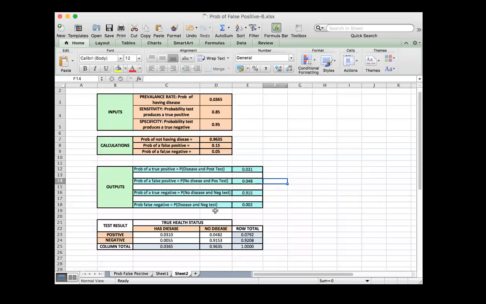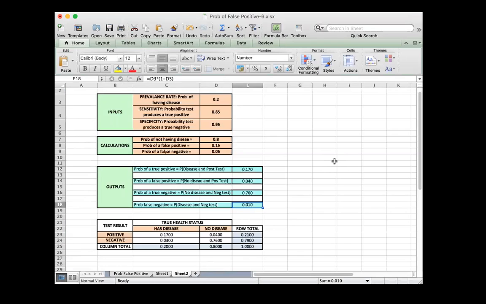So when you plug the numbers in, like the first line example on the Microsoft Word, the prevalence is 0.2. And the sensitivity would be, I think they're the same, 0.85 and then 0.95. But the way it's set up, on the outputs where it says probability of false negative, the next one down, see how on the formula bar it says D3?